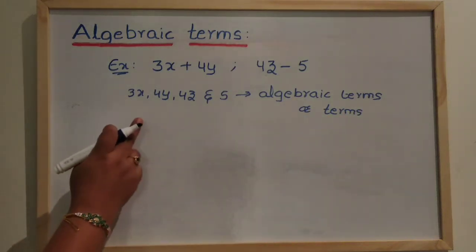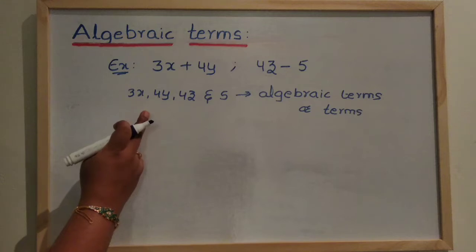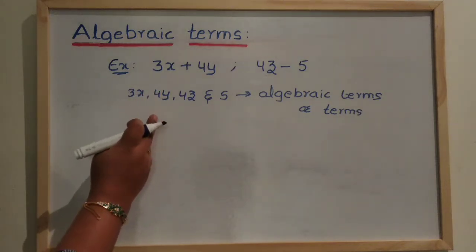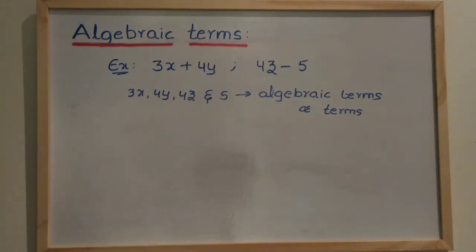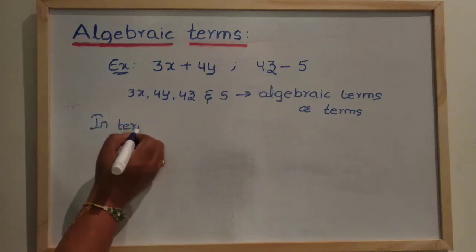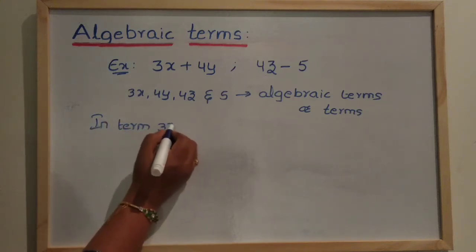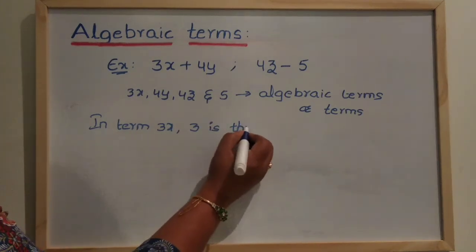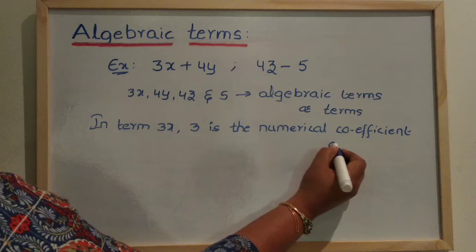So, an algebraic term can be a number or a variable or a combination of number and variable. In term 3x, 3 is the numerical coefficient of x.